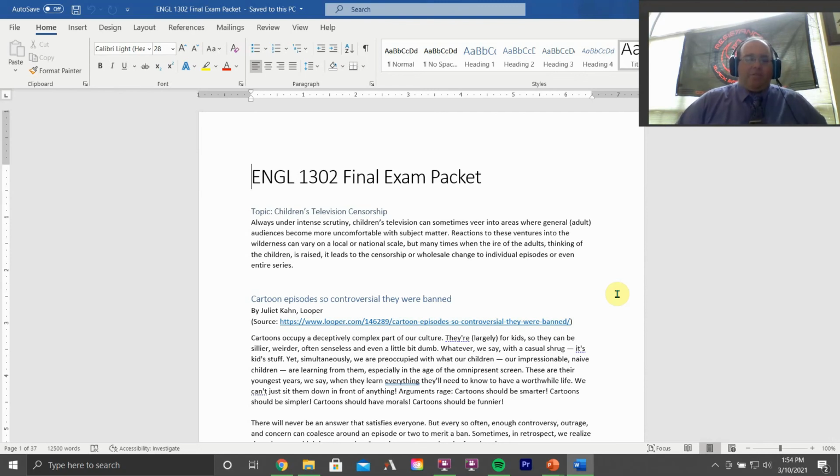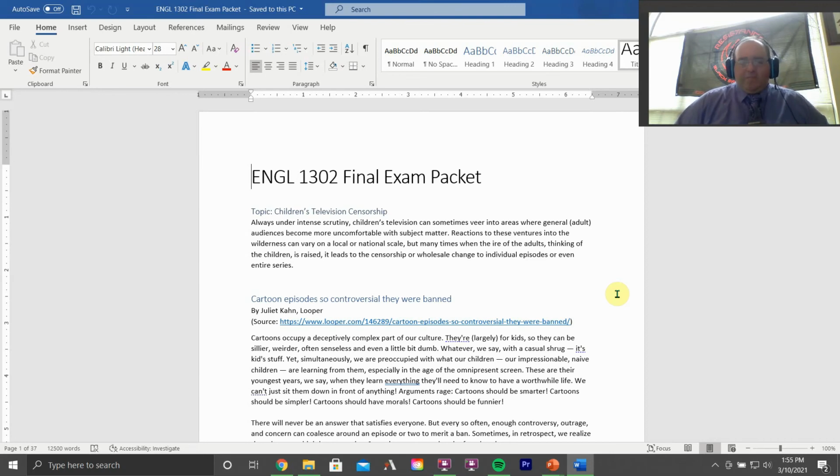You are allowed to print this out. You are allowed to have this with you as you're doing the exam. You are allowed to add any notes that you deem necessary to the packet and use those on the exam. As long as it'll fit as writing in the packet, you can use it.